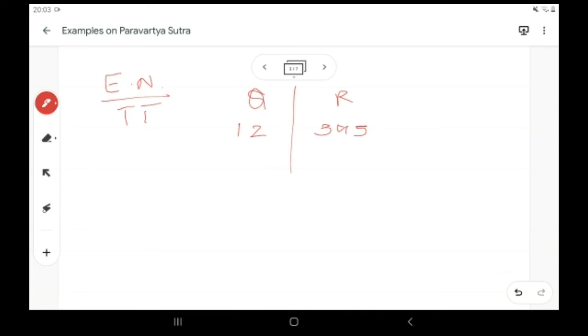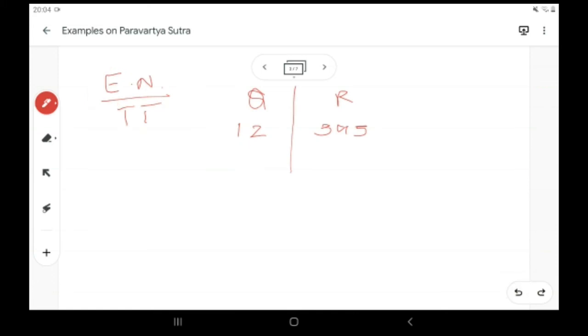The basic fundamental rule, applicable to all the sutras based on division calculations, is that you're supposed to multiply this number on the left side, 1 bar and 1 bar in this case, with the leftmost digit and add it to the subsequent digits. This is the basic fundamental rule for all the sutras applicable to division calculations. So let's start our division process.